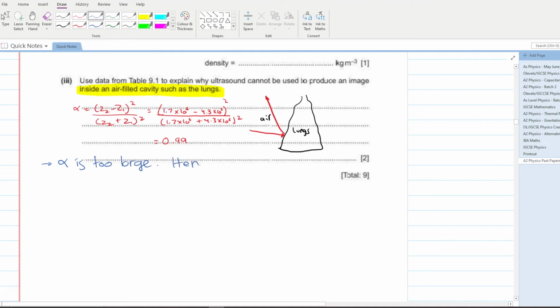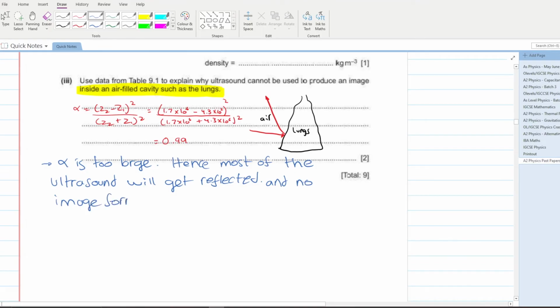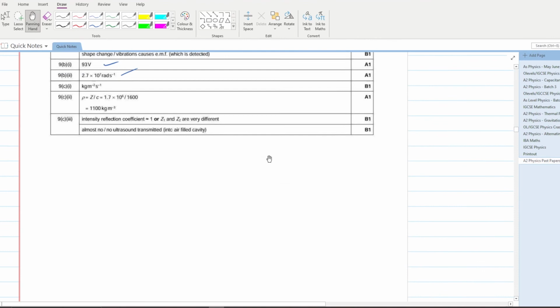Hence, most of the ultrasound will get reflected, and no image will be formed. Simple as that. Let's further move ahead. Let's move on to the next question.